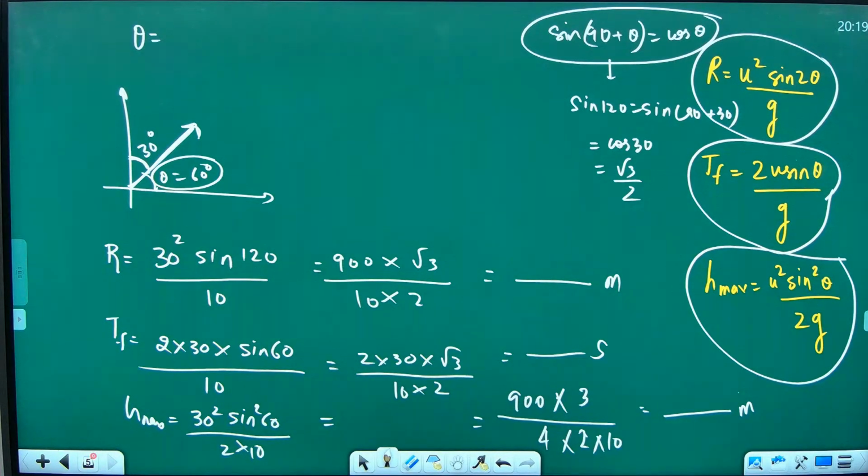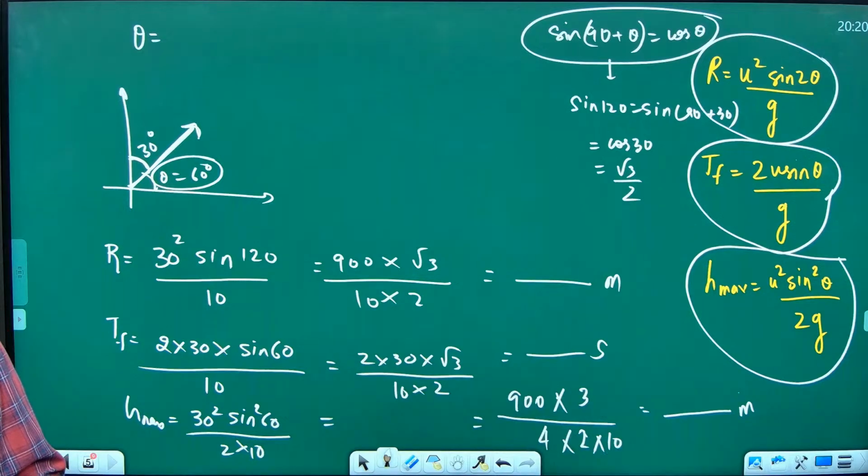If you have not got the answer, leave some space and solve it. Next question: a projectile has a range of 50 meter and reaches a maximum height of 10 meter.